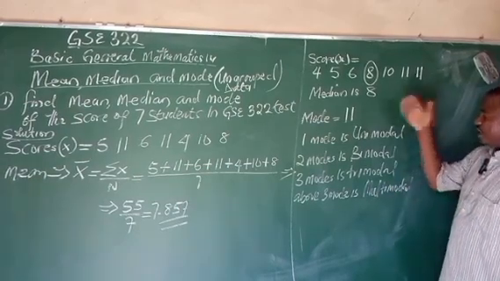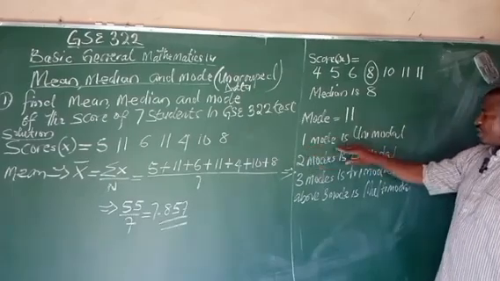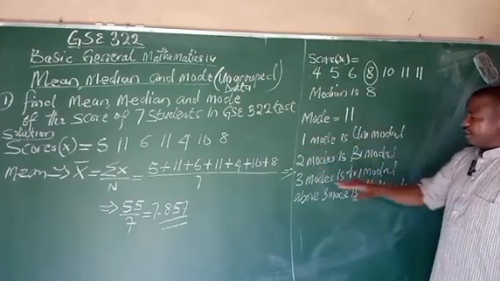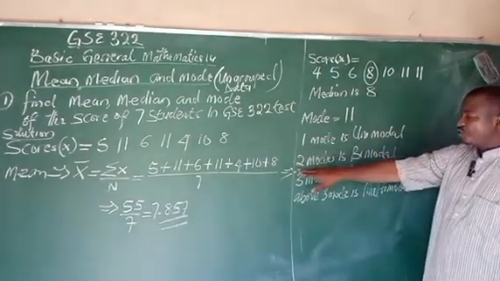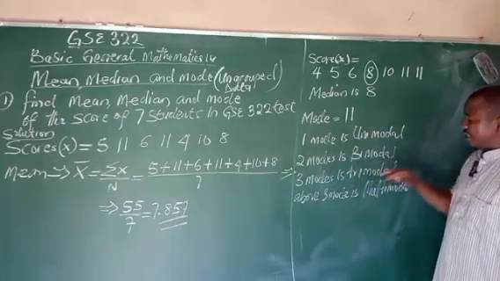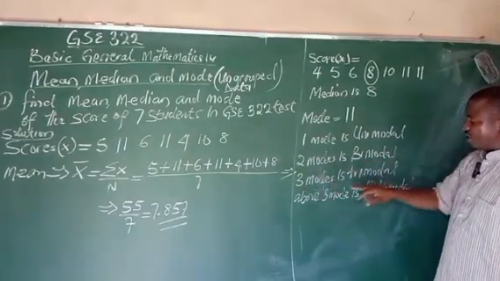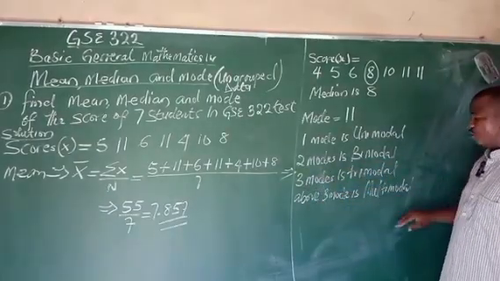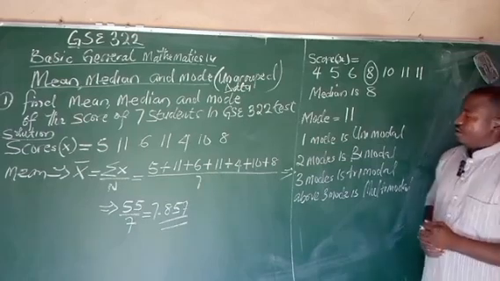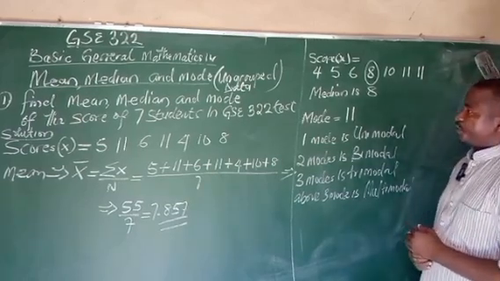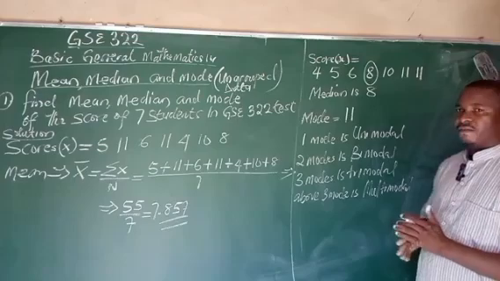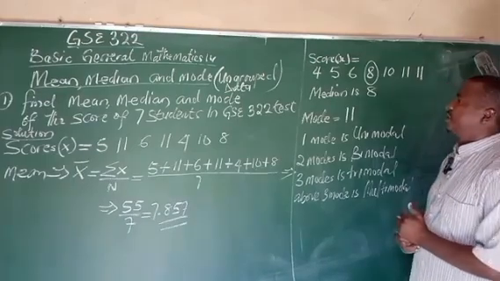When you have data with only one mode, that is called unimodal data. When we have two modes, it is bimodal data. Three modes, trimodal. Above three modes is multimodal data. So this is the end of today's lecture.